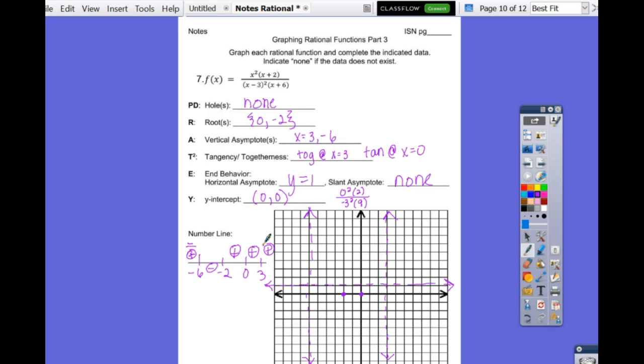So, okay, now I'm looking at negative 6. I know it's positive, but I don't have a point. So what do I have to do? All right, so let's get a point. So if I did negative 7, what do I get? The original. So I get 49 times negative 5. Somebody multiply. Negative 5.